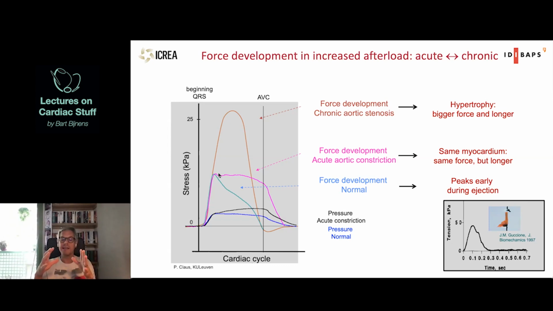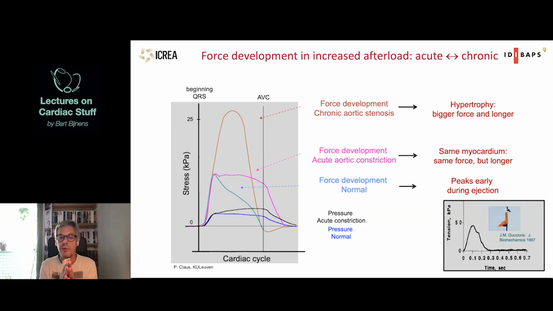So what's now happening is that instead of getting this kind of force development and then this inertial continuation of the blood flow, force development keeps on going. Of course, the ejection will be slower in total. So you will see that your velocities might decrease and your deformation, or especially your rate of deformation, might decrease.